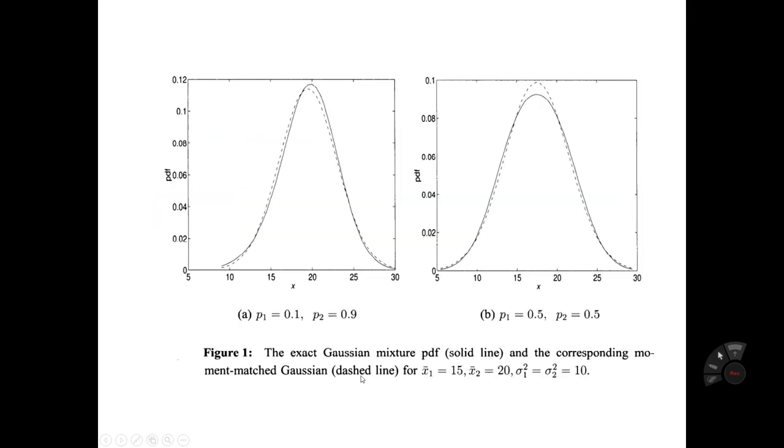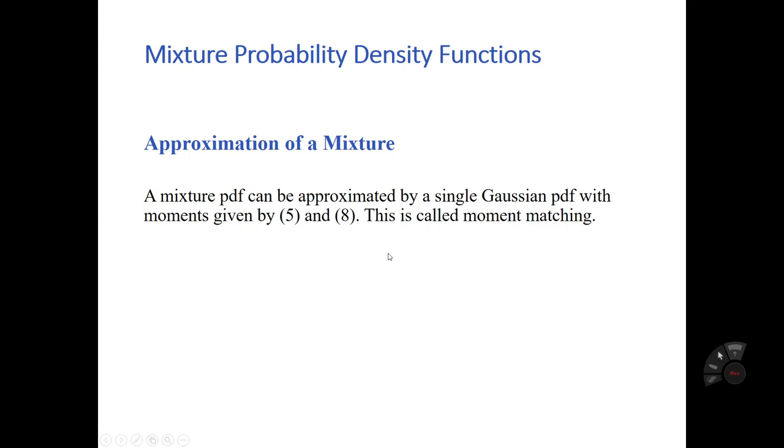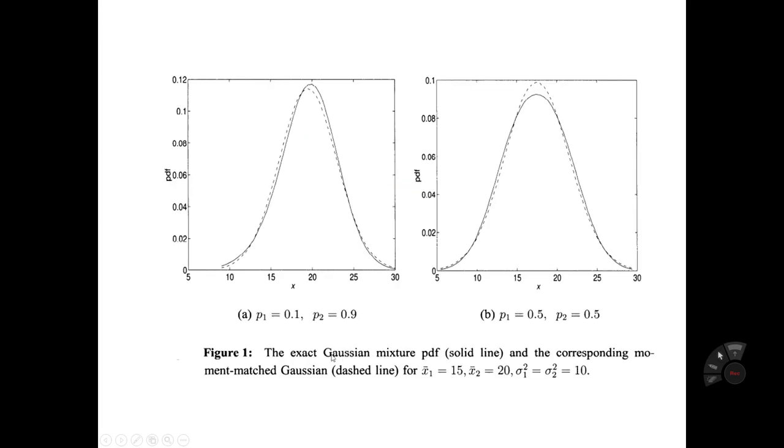This is the single PDF which we approximate using 5 and 8, and this is the exact known mixture PDF, the Gaussian mixture of the random variable x.